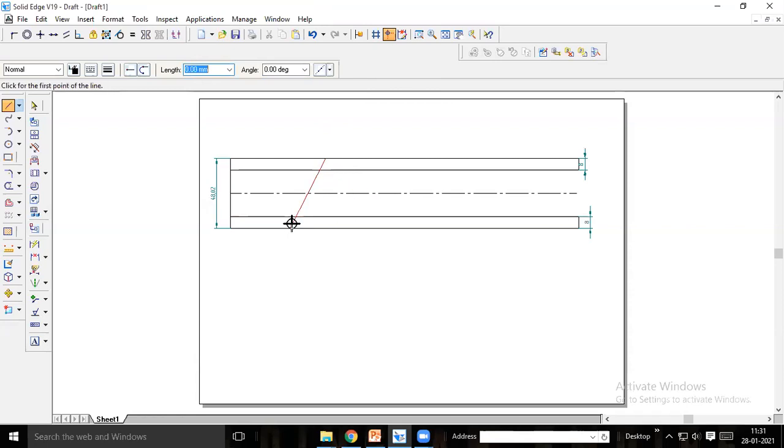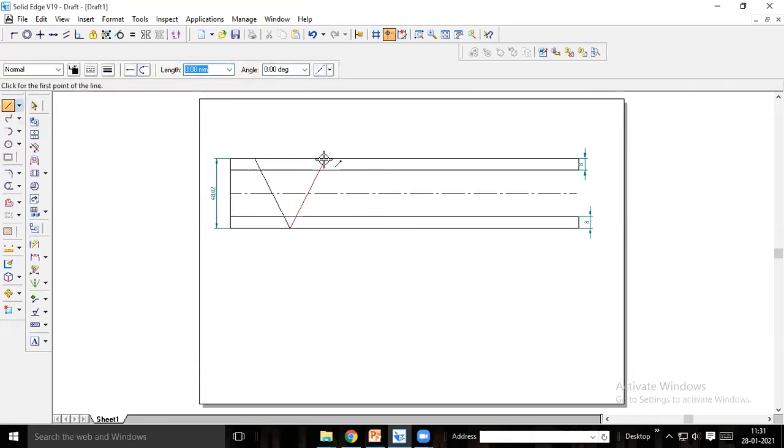On the other side also, this is 90. This side you have to take 27.5, so here you have to mention 90 plus 27.5. Like this, you have to draw the line. Is it clear? Okay.